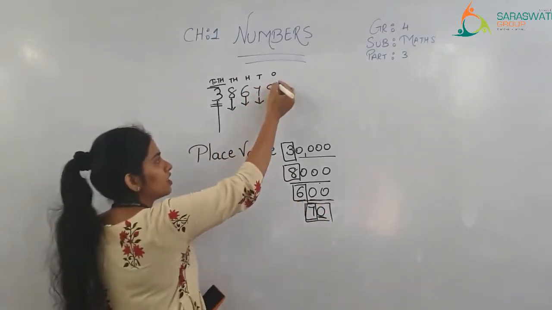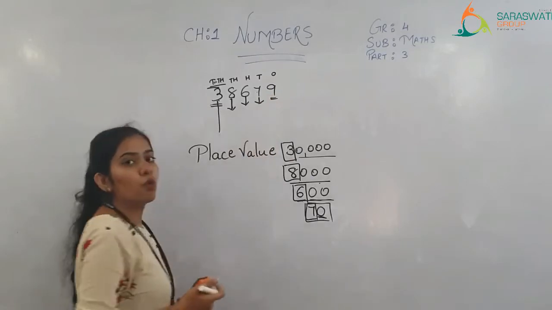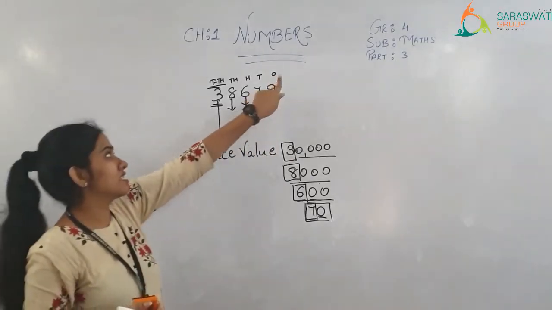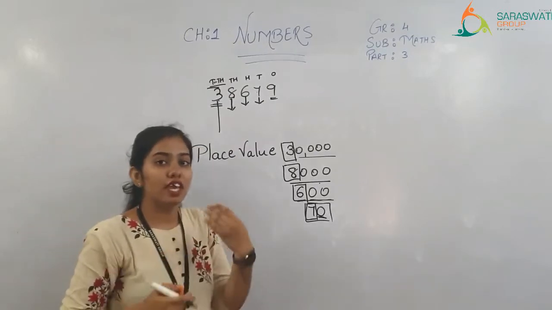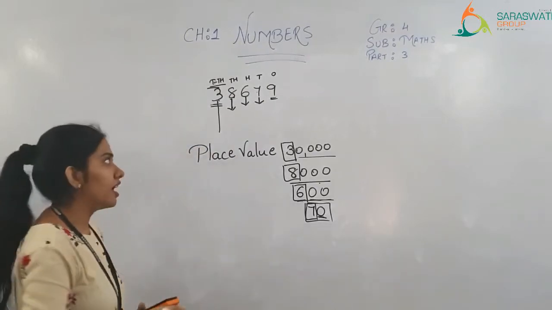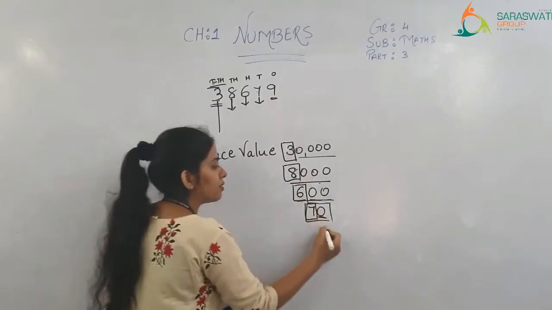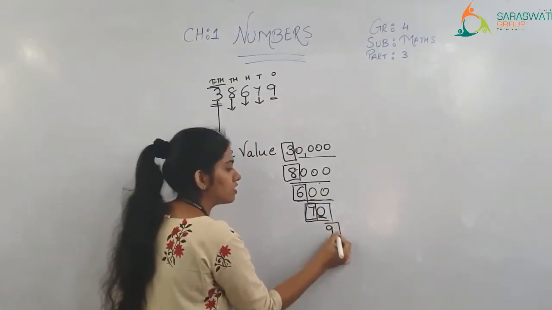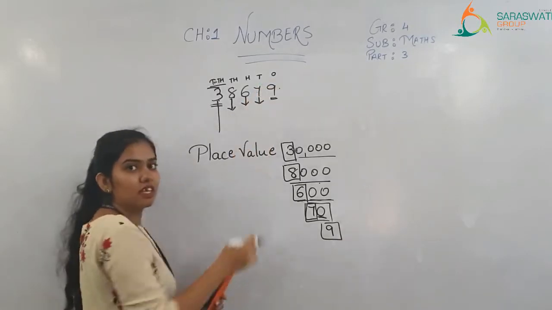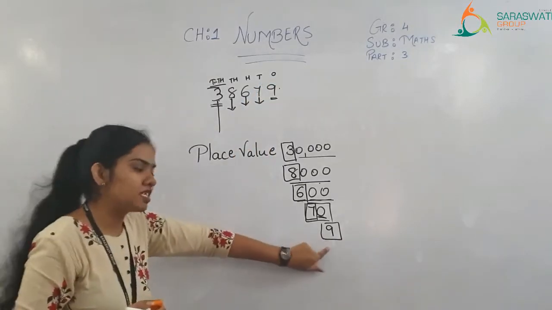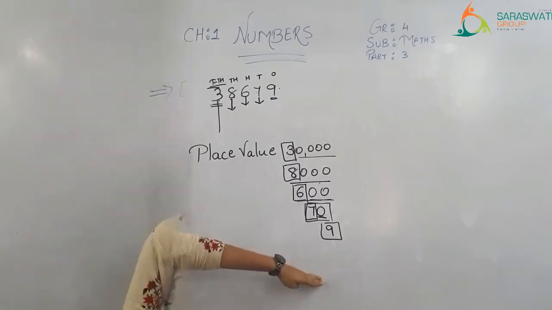And the last one is the ones place. 9. Here the place value itself is 9. We are not having any more digits with that, right? So 9 itself becomes the place value and the face value. When the digit is at the ones place, the number itself is the place value and the face value.